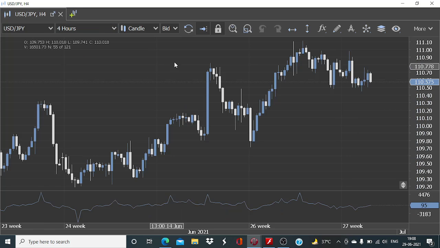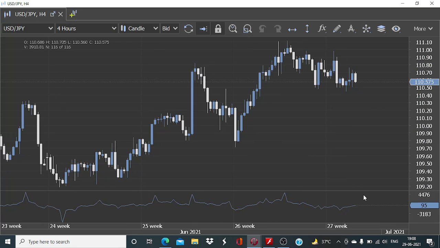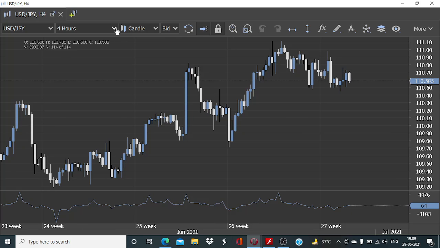And for any buy trade to take place, we will need the force index output value for the last 4 hourly candle and the penultimate 4 hourly candle to be above 0, and the last 4 hourly candle's output value should be at least twice or more than twice of the penultimate 4 hourly candle's output value. So both these force index outputs should be above 0 in positive territory, and it should be rising. So that's the requirement on the 4 hours.